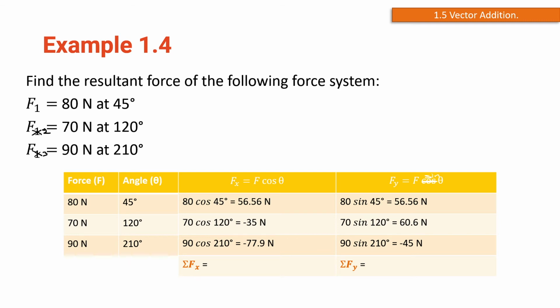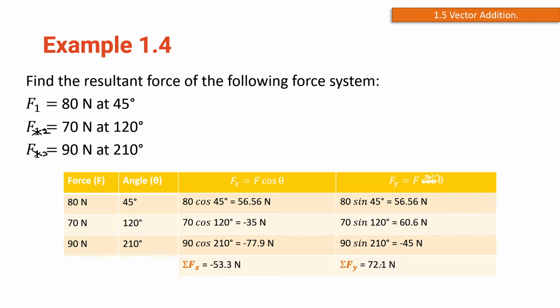For the x component and the y component summations, we have these values. So right now, you have that the summation of the x components of all these three vectors is equal to minus 53.3 newtons, because it's the original unit. And for the y components of these forces, the summatory of all the y components, we have positive 72.1.